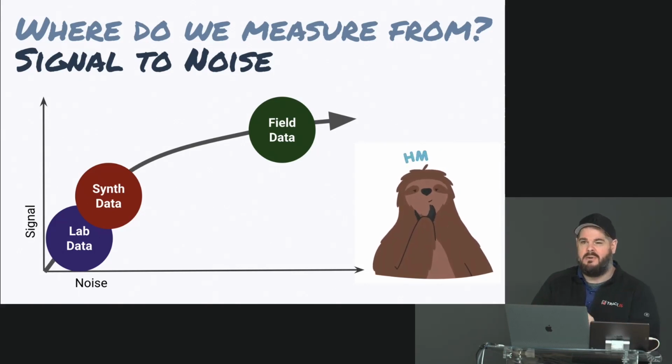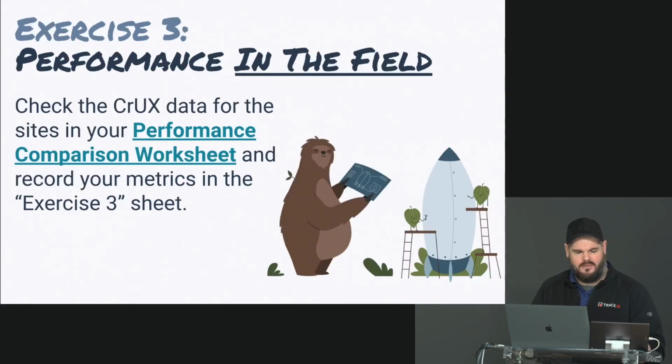Now we can get some of this data. Some of this data is published through some means that you might be surprised by. So we're going to do another exercise here. And this one should be faster. There is a data source called the Chrome User Experience Report. Now, unbeknownst to many of us, Chrome has been capturing these real user experience reports from you and pulling it back to Google for years.